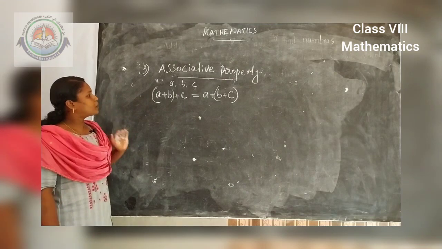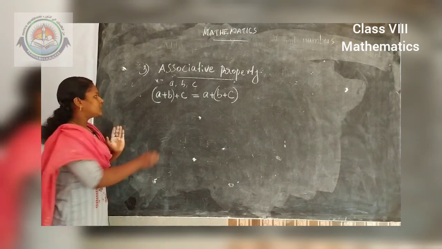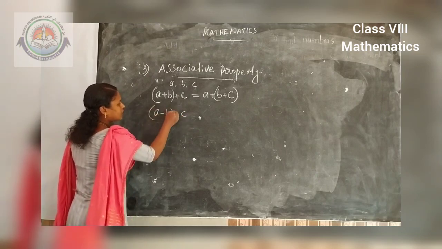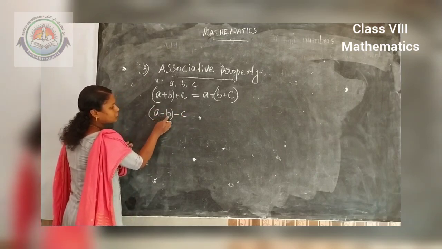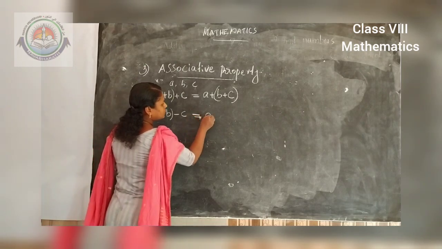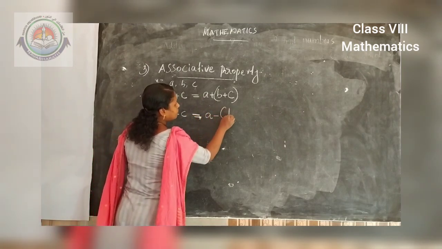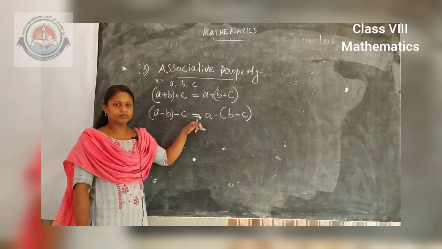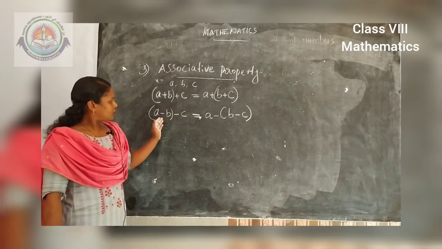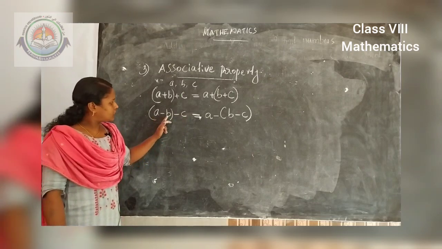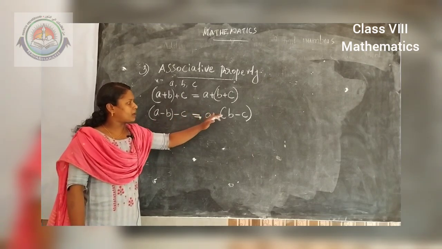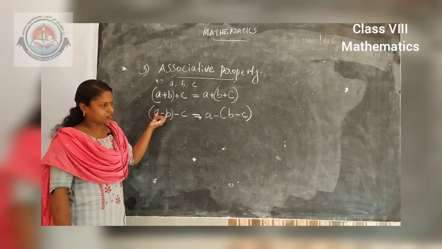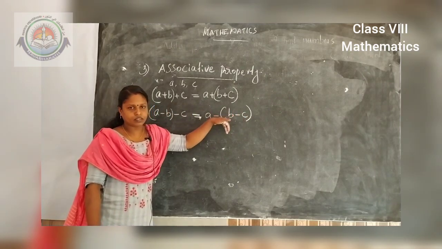Then we need to check the same property for subtraction, that is (a minus b) minus c. Here we first subtract two rational numbers. We need to check, is it equal to a minus (b minus c)? Here we subtract a minus b first, and here b minus c first.